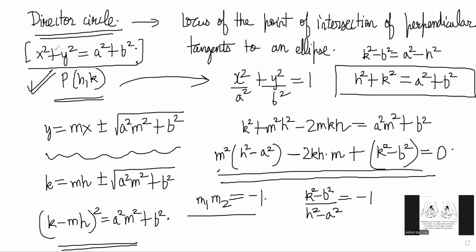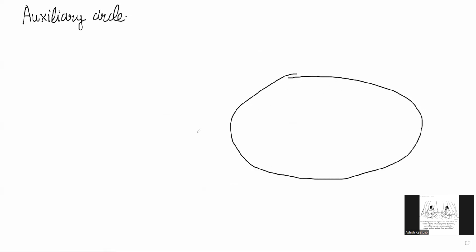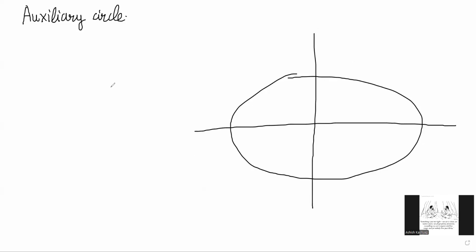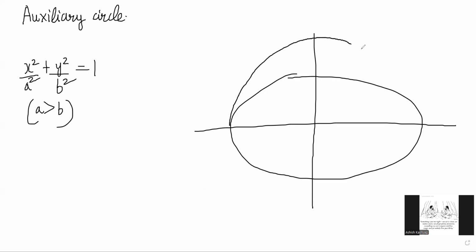Then another idea that you need to know is the concept of auxiliary circle. So if you have an ellipse like this, x square by a square plus y square by b square equals 1, where a is greater than b, we can make a circle here with the major axis as the diameter.